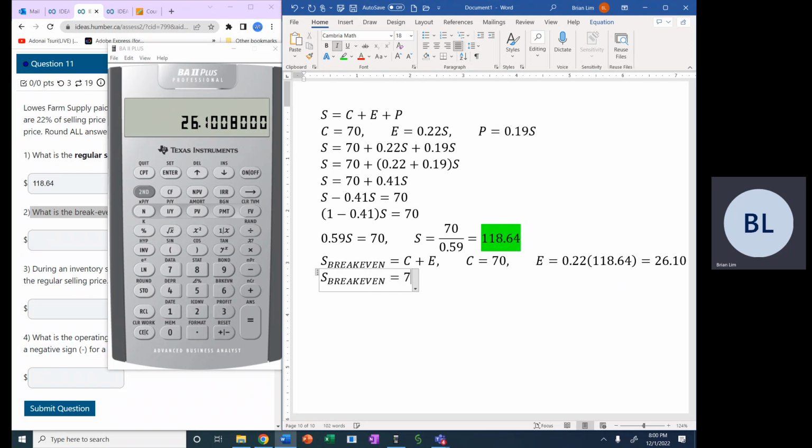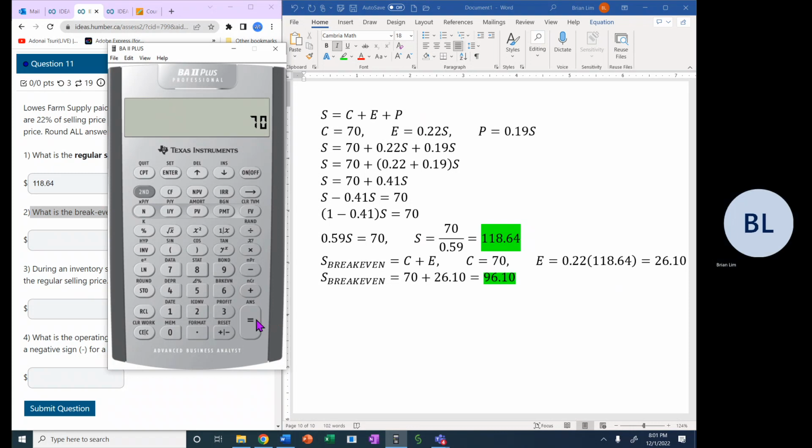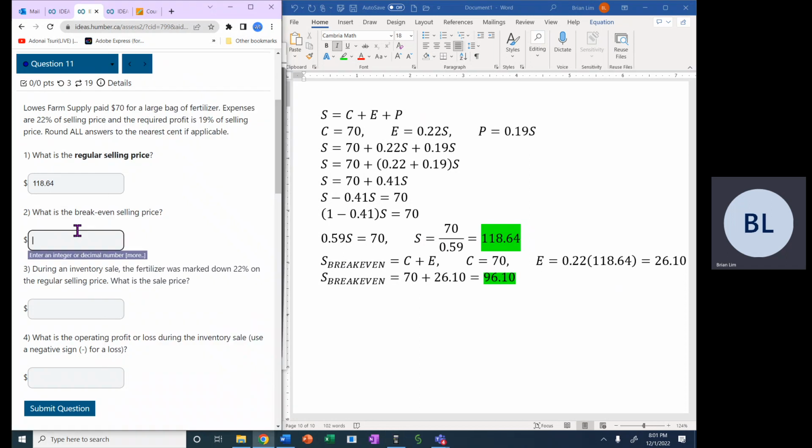That would be equal to 70 plus 26.10, and that should come out to be 96.10. We will check that. Let us add 70 to 26.10, and indeed we get 96.10, corrected to 2 decimal places. So this answer is 96.10.